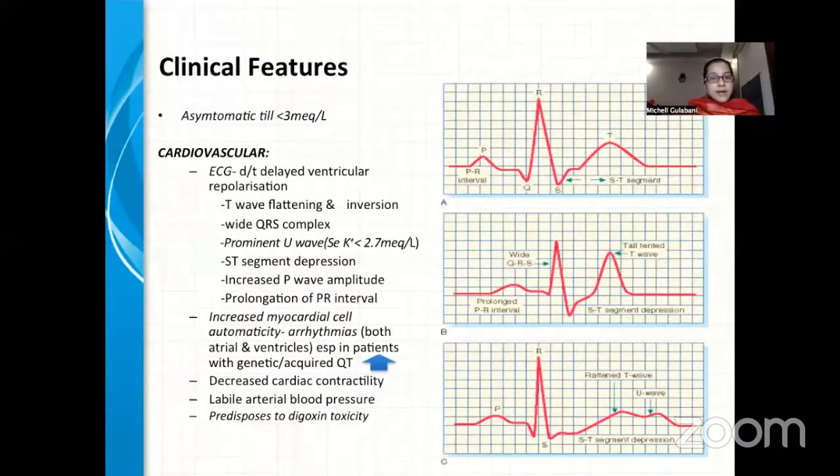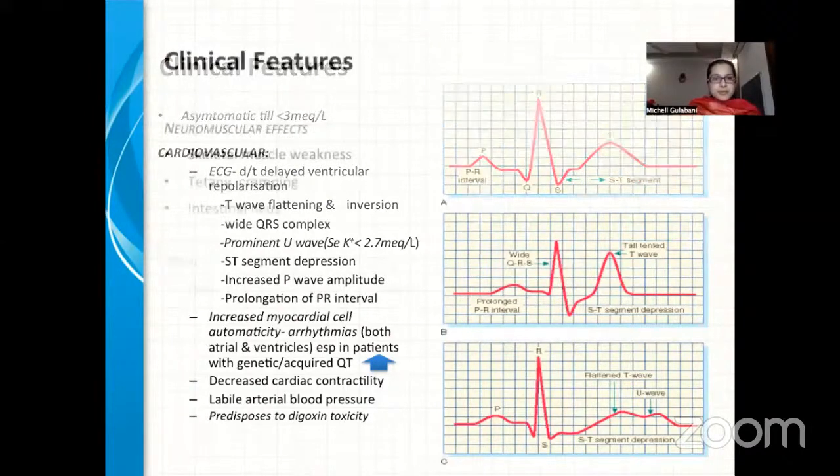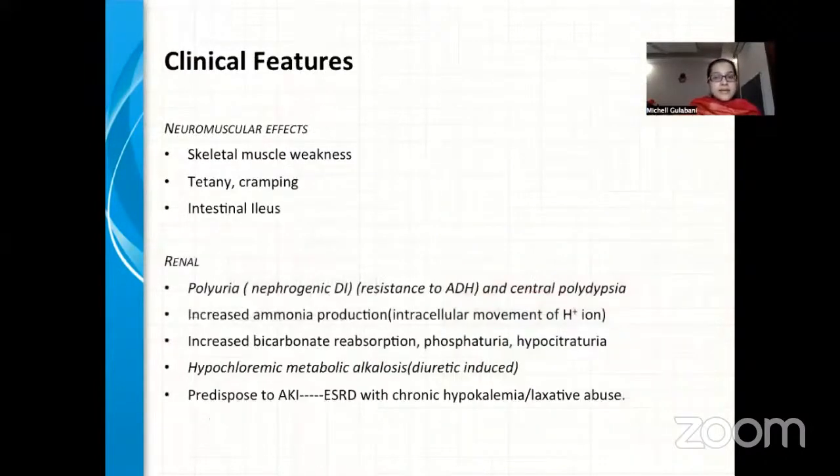There is increased myocardial cell automaticity and risk of arrhythmias, especially with genetic or acquired prolongation of the QT syndrome. Labile arterial blood pressures are seen, and hypokalemia also predisposes to digoxin toxicity. Neuromuscular effects like skeletal muscle weakness, tetany, and cramping.